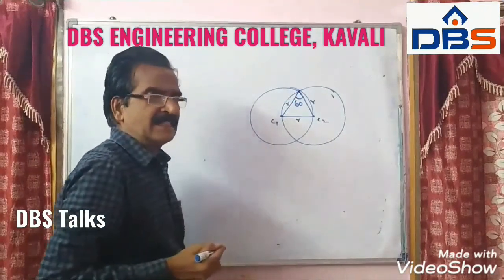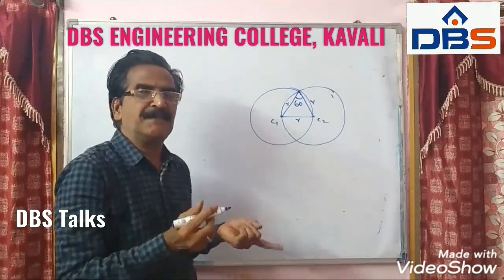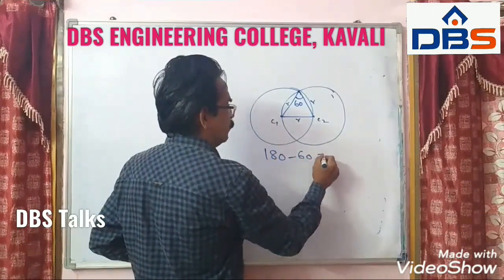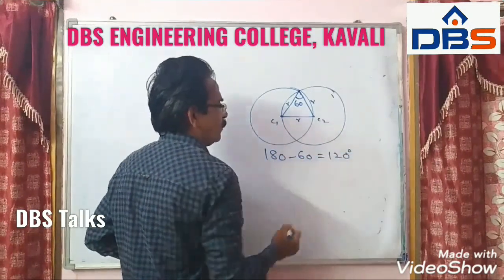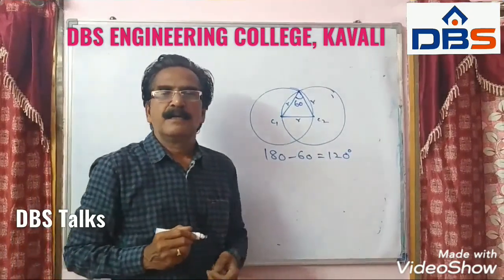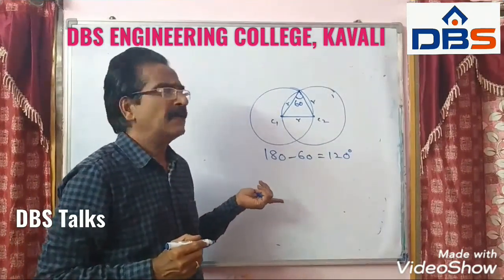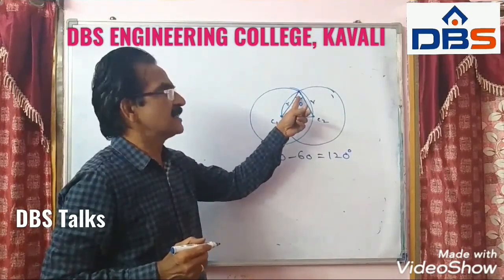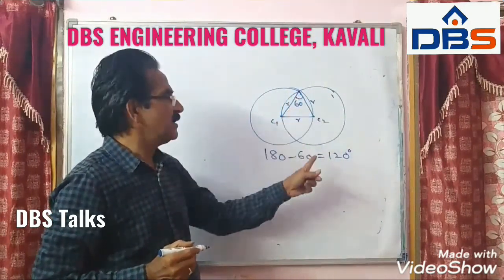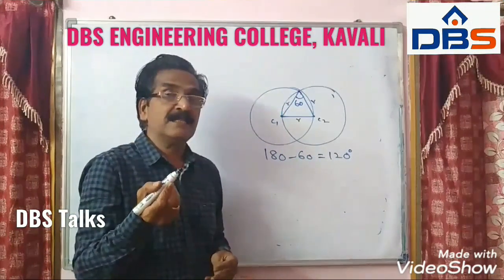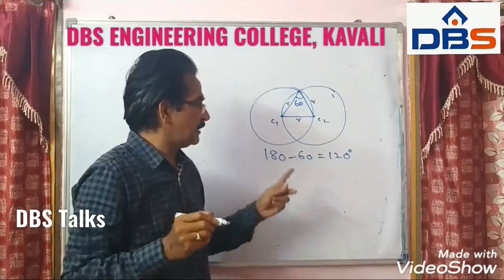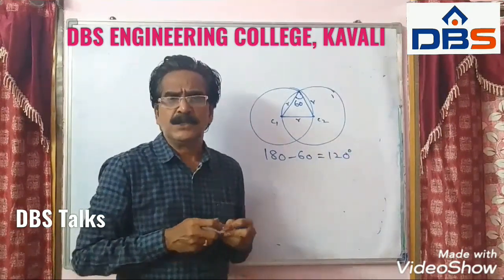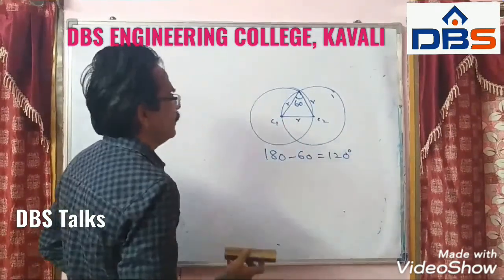Then the angle between the tangents, that is the angle between the two circles, is 180 minus 60. Just now we have seen. You can apply this formula also, but here we got an equilateral triangle. The angle is 60, that is theta 60. So our answer is 180 minus theta, 180 minus 60, that is equal to 120 degrees, friends. So this is another important problem, friends.